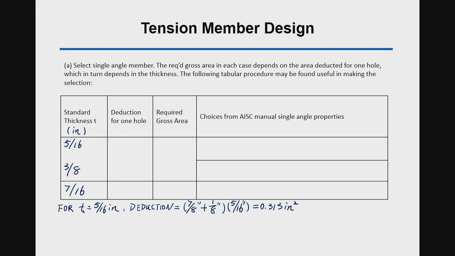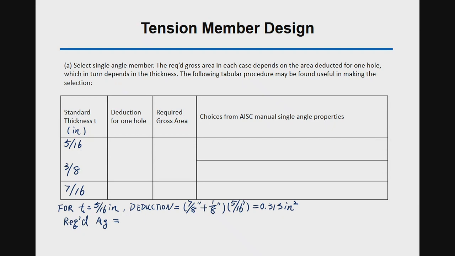Right? So the required AG would be equal to the required AN.